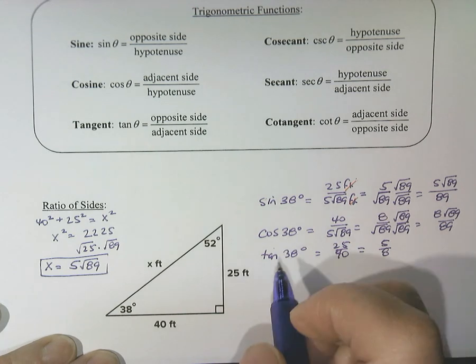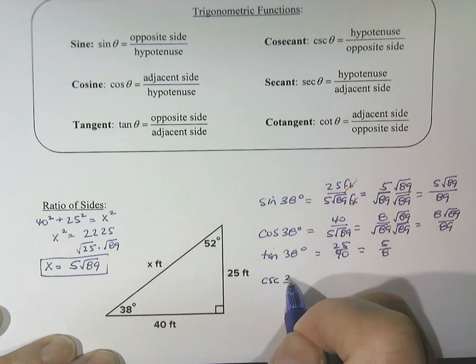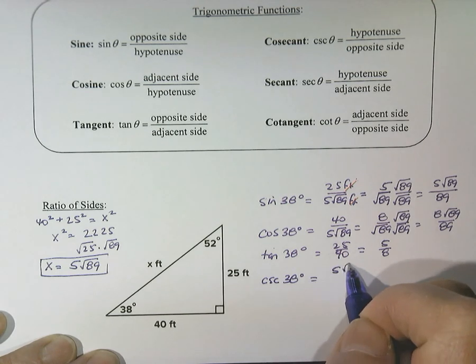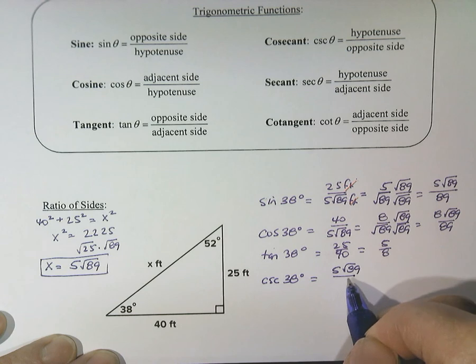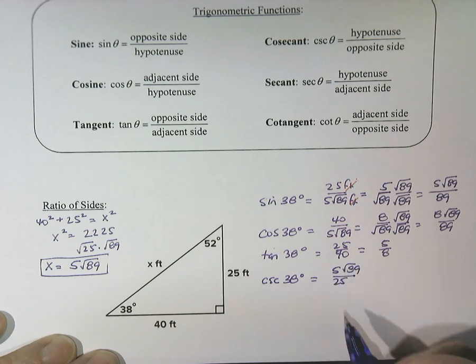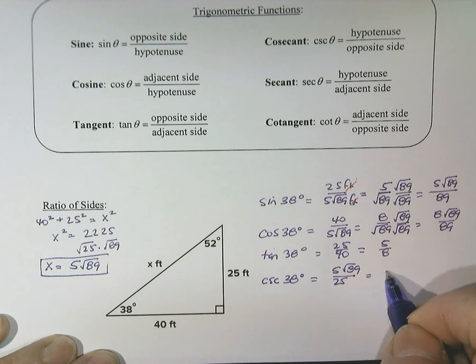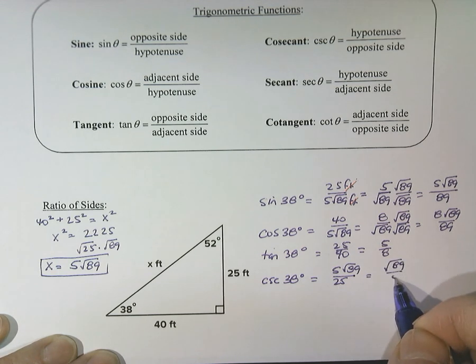Then I could do cosecant of 38 degrees. Cosecant of 38 degrees is 5 square root of 89 over 25. So hypotenuse over opposite. So this gives me square root of 89 over 5.